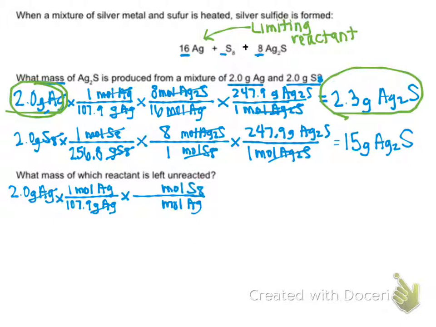If you look up at the top, you have 16 moles Ag to 1 mole S8. 16 to 1. Your moles Ag will cancel out. Now you're in moles of S8. You need to get to grams of S8, so you need 1 mole S8 to your molar mass, which we figured out before was 256.8. Mole S8 cancels out, and then we solve.